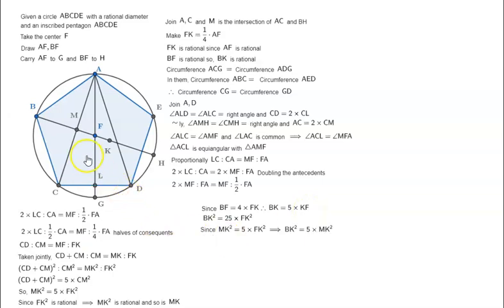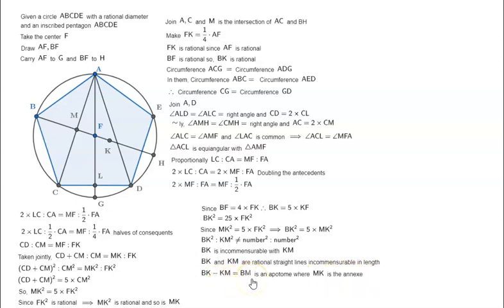Now, since MK squared is equal to 5 times FK squared, BK squared is equal to 5 times MK squared. So if you notice, the ratio between BK squared and MK squared is 5:1. And 5:1 is not the ratio of a square number to a square number. So BK is incommensurable with KM. So BK and KM are rational straight lines incommensurable in length.